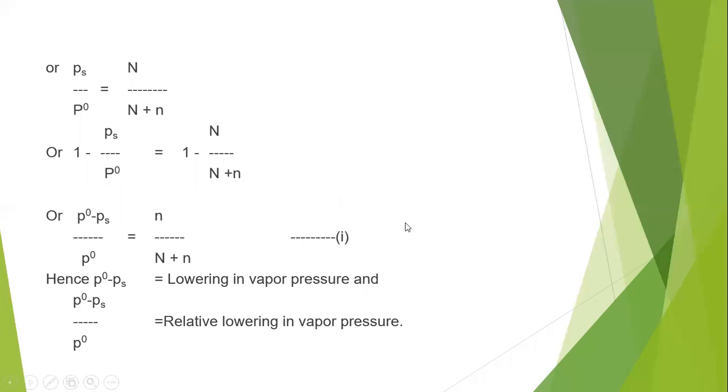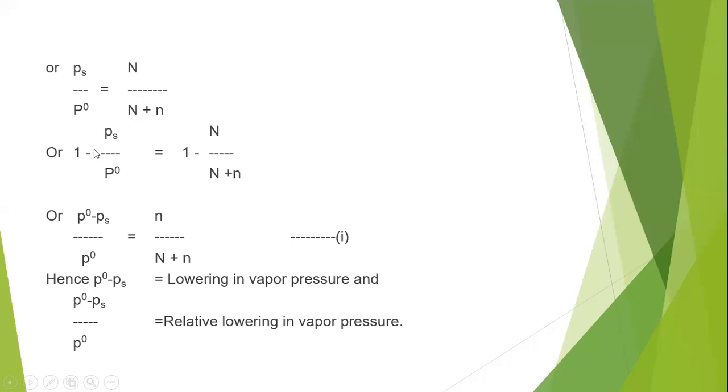That equation we can change in different ways. If I remove P0 from the right side and keep it on the left side, then PS by P0 equals capital N by capital N plus small n, which is the mole fraction of the solvent.